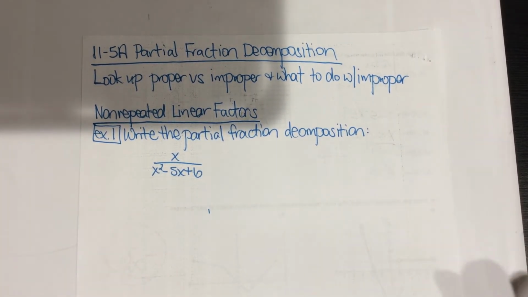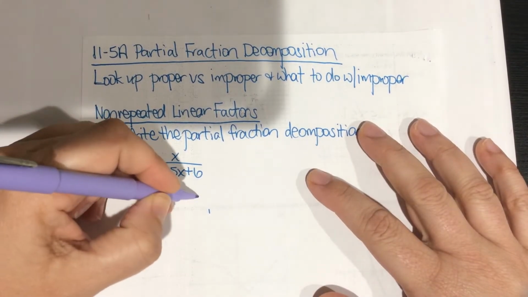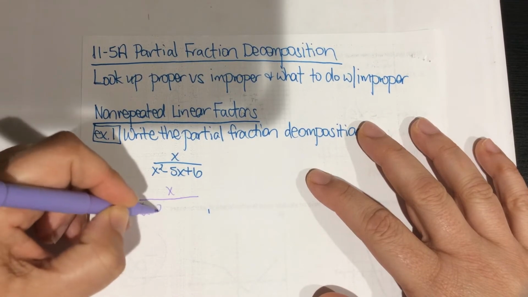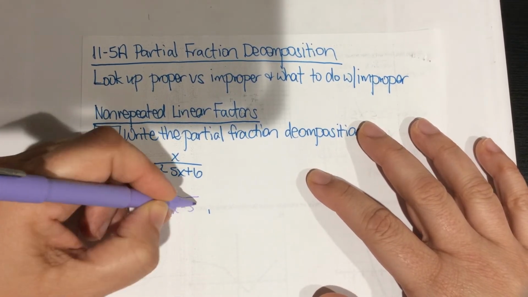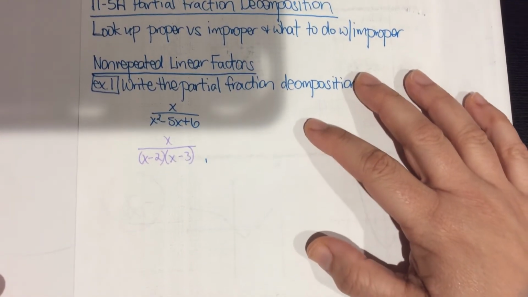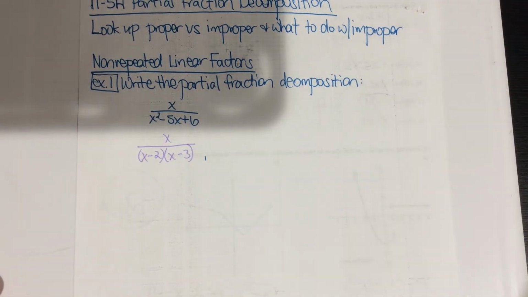So the first thing that we're going to do, you probably guessed it, we're going to factor the denominator. And you can probably see that the two fractions that were added to get this fraction probably had denominators of x minus 2 and x minus 3, right? Each of the fractions.